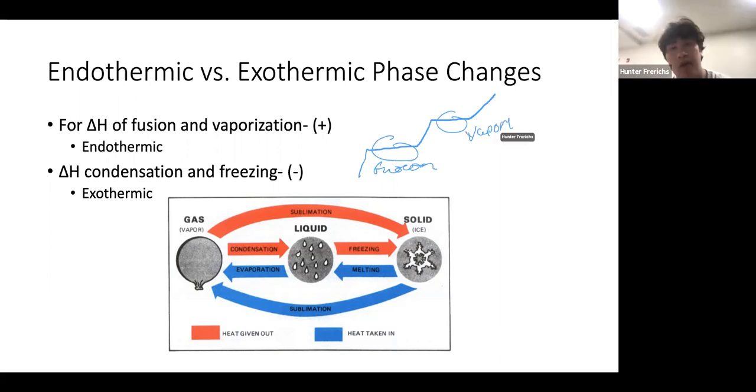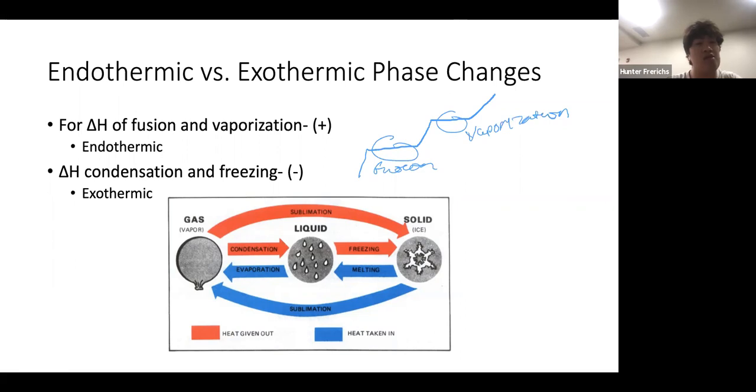Those are known as endothermic processes, which, as we recalled from before, means that work and energy are being done on the system, and therefore heat is being added to it. So it's gaining heat, and that is known as an endothermic reaction.